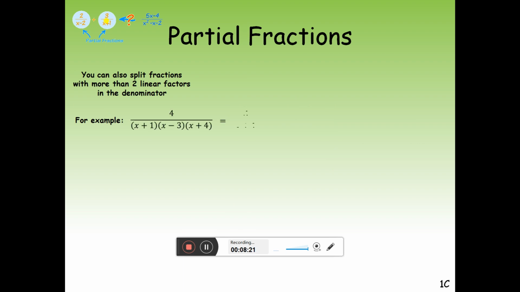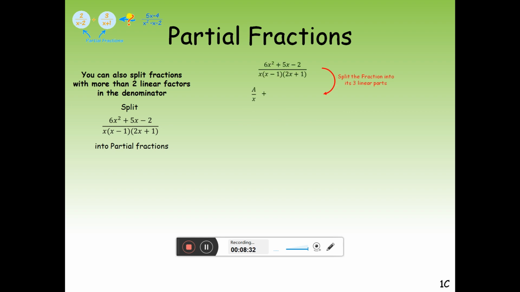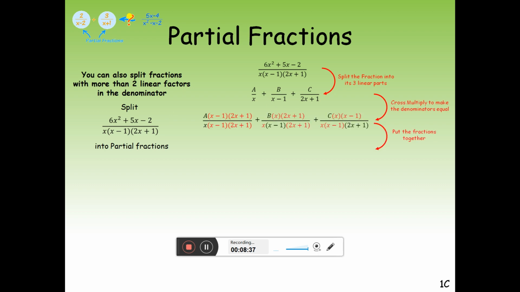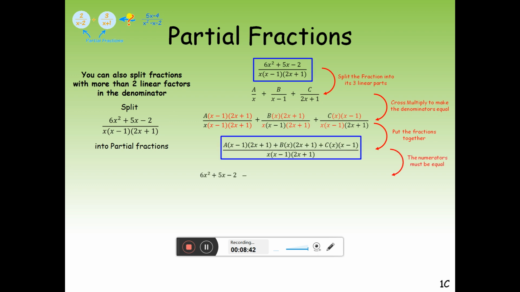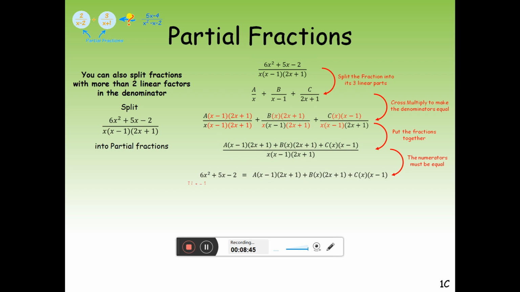Similarly, if we have three factors, then we will split into a upon x plus 1, b upon x minus 3 plus c upon x plus 4. Similarly, we can see this example. We have taken the LCM, then compared the numerator with numerator, and then applied the shortcut method, that is x equal to 1 to make the first and third fractions 0.